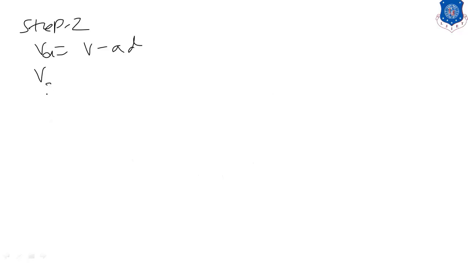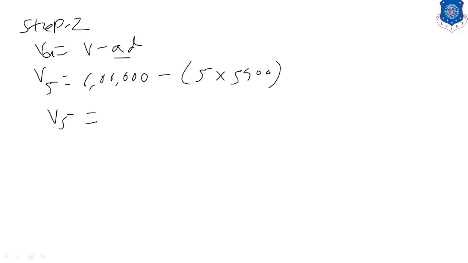So V5 is equal to the original cost, which is 6 lakhs, minus the particular year, which is 5, multiplied by the depreciation value, which is 54,000. Calculating this term we will get V5 is equal to 3 lakhs 30,000 rupees for this equipment at the end of the 5th year.